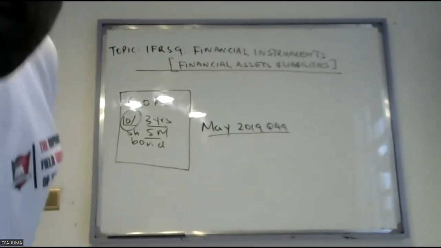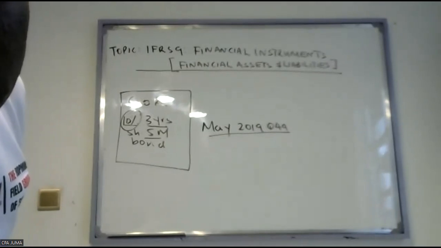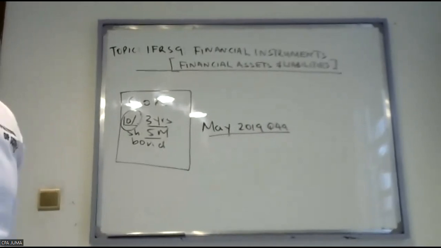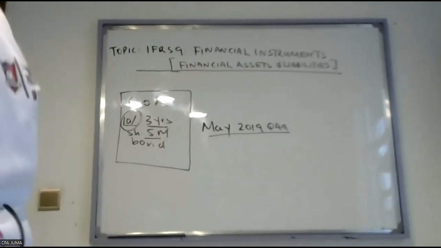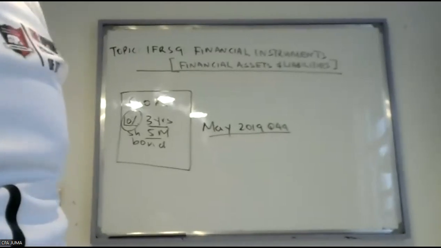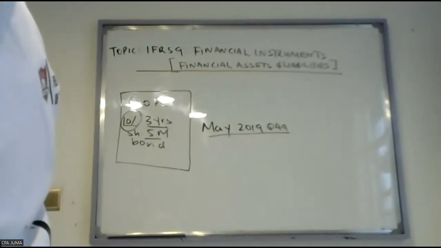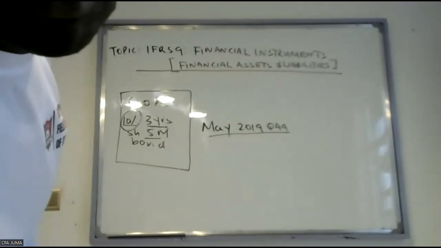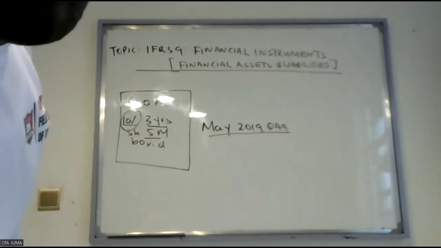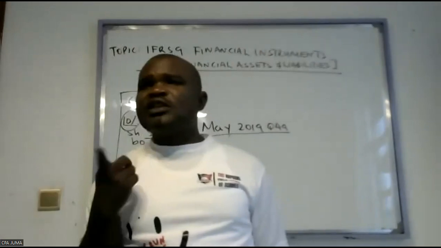Question 4A: Briefly explain the various classifications of financial instruments as per IFRS 9 Financial Instruments, 6 marks. So it's about classification. Our main focus is going to be classification, measurement, and recognition. This standard changed in 2018, I think.